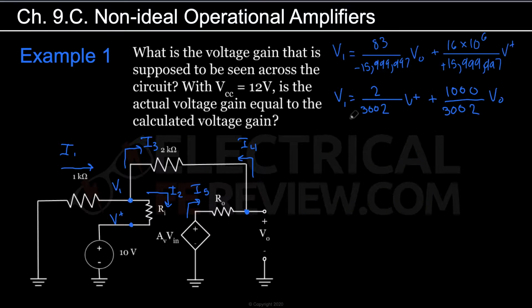Okay, so now we're going to subtract our equations so we can solve for the gain. So when we subtract our V1s, we're going to get 0.